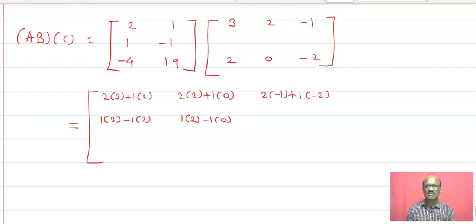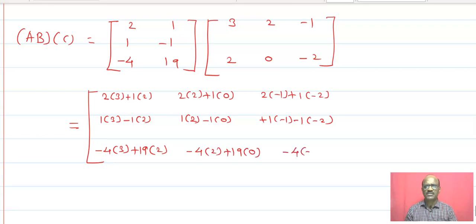Last is second row, third column, and next is third row, first column, third row, second column, third row, third column. This is the multiplication you can perform. It's very easy.